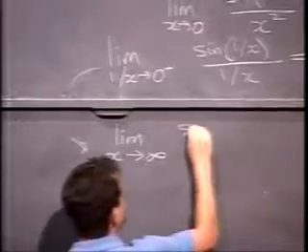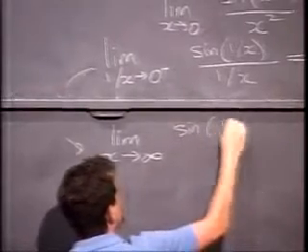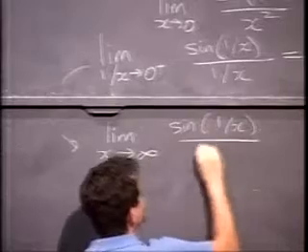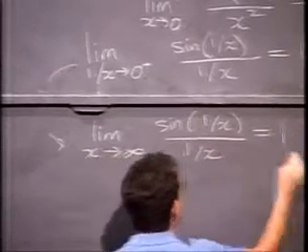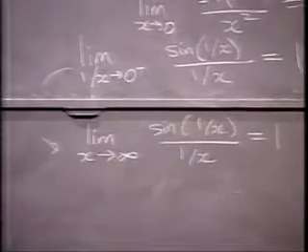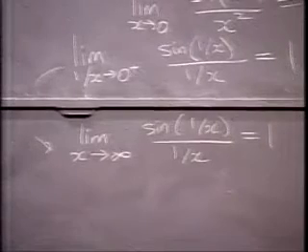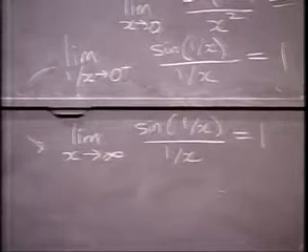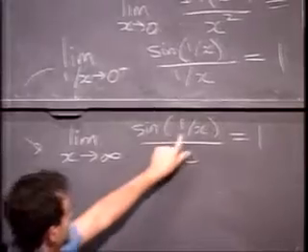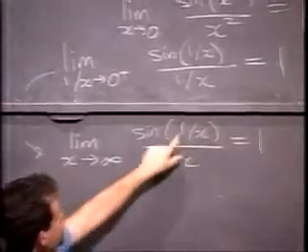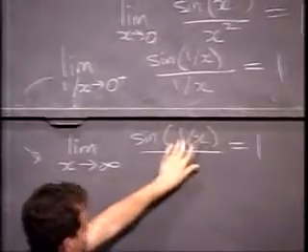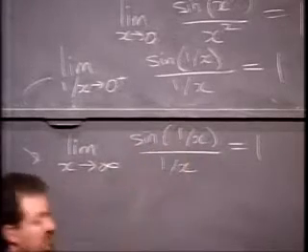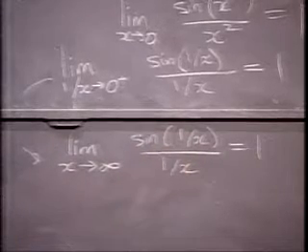So this limit is 1. Interesting. So sine of small over same small goes to 1 in the limit. As x goes to infinity, 1 over x goes to 0. So this is small, and they match. So that limit is 1. So that's the rationale there.